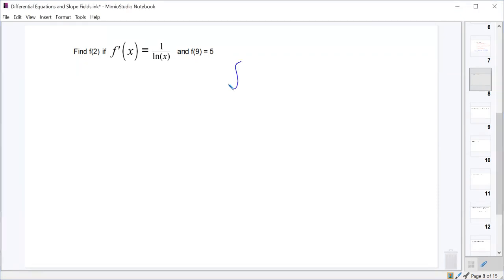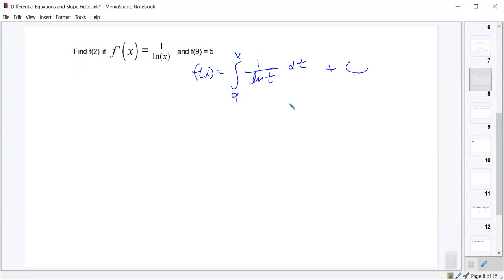First off, since you didn't know how to integrate 1 over natural log of x, you hopefully wrote f of x as an integral from somewhere to x of 1 over ln t dt plus some constant. Since we knew we were going to plug in 9 as our x value, our lower limit needed to be 9.